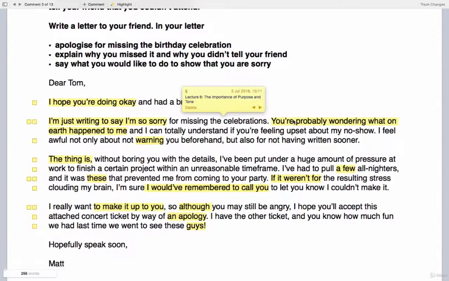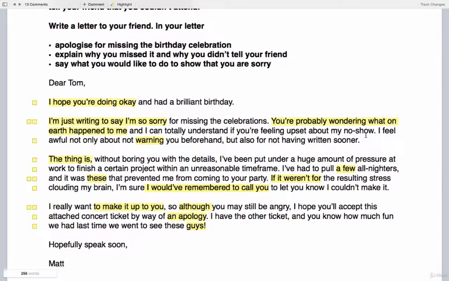So here we know that we're in an informal letter. You're probably wondering what on earth happened to me. This is idiomatic language that we're beginning to use here. What on earth? You probably wouldn't write this in a formal letter. You might in a semi-formal letter, depending on the recipient. But yes, we know that we're in an informal letter here, and we're using appropriate language with what on earth. And you can also see that here in my no-show as well. My no-show, very informal language.